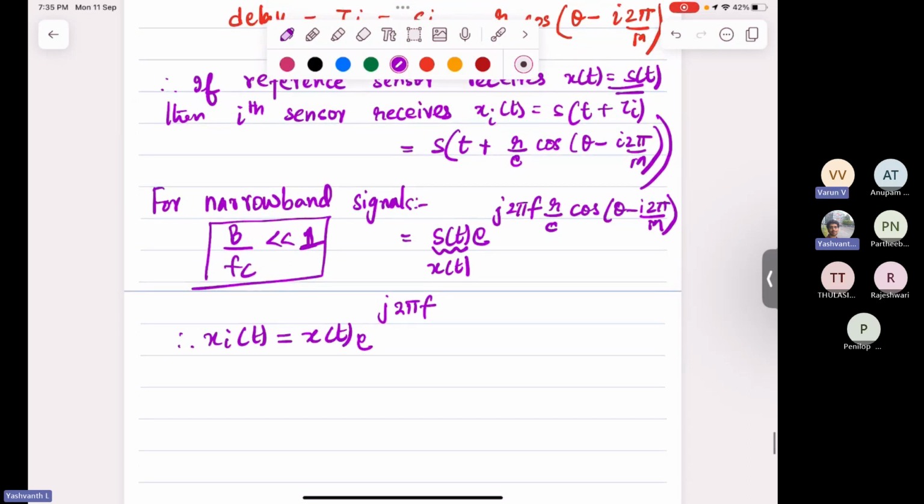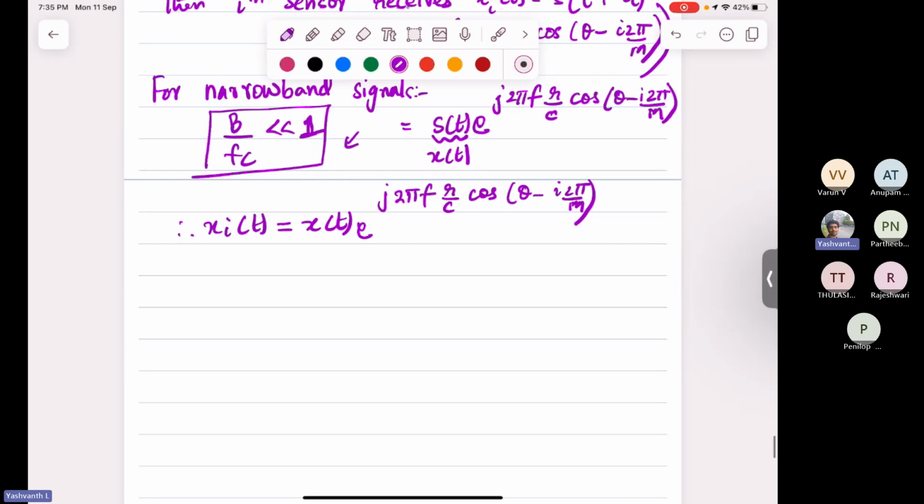No, the t will not come there. That's what I'm saying. For a narrowband signal, you can work it out. r by c cos of theta minus i2 pi by m.